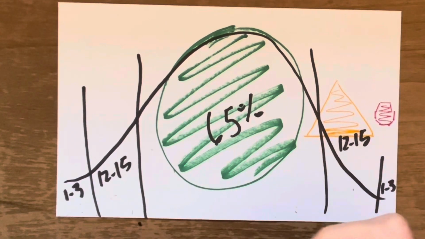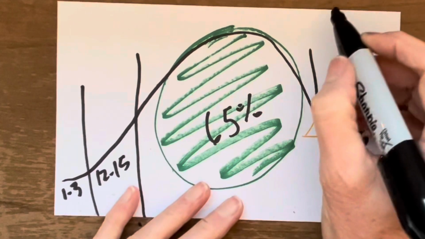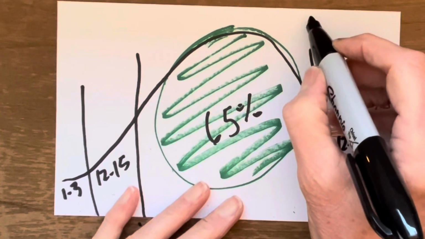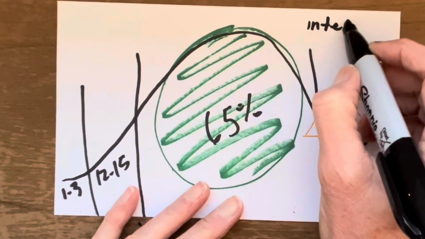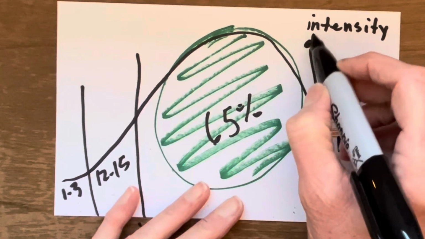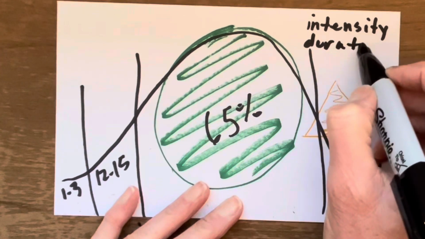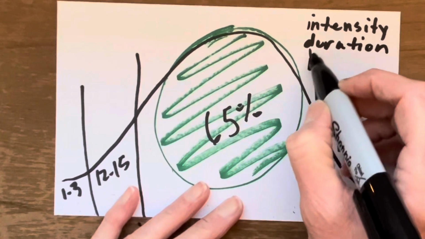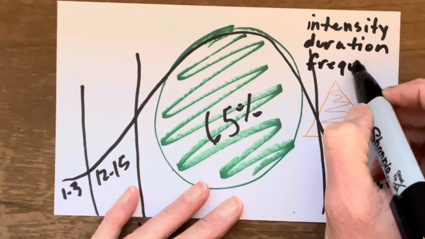Whenever we think of these normalized distributions of behavior, think of intensity, duration, how long, and frequency, how often.